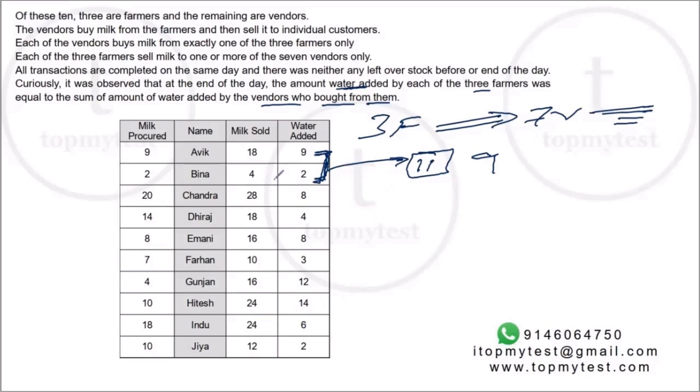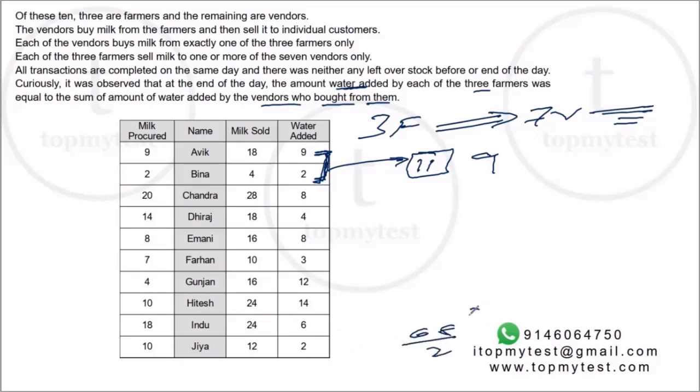The total water added is double counted basically. One is because of Avik and Beena, and one is because of the vendor. So if we add the total water, 11 plus 8 is 19, plus 12 is 31, plus 3 is 34, plus 26 is 60, plus 8 is 68.